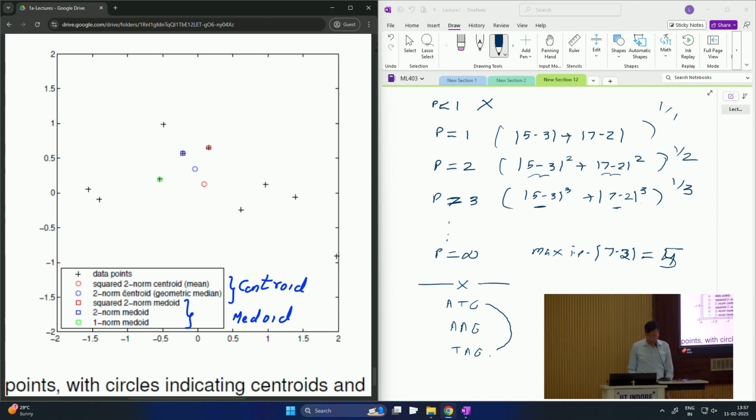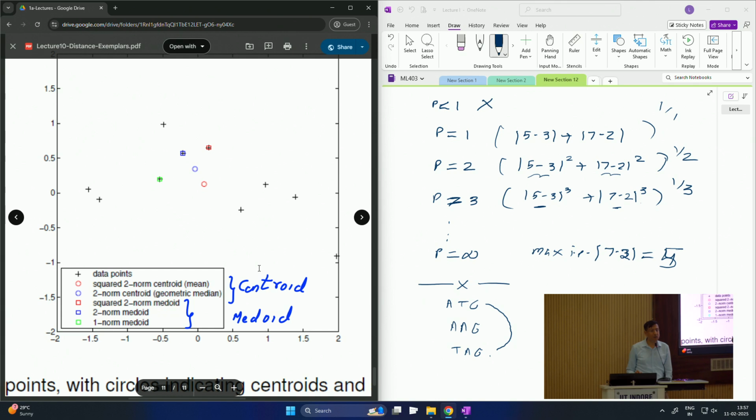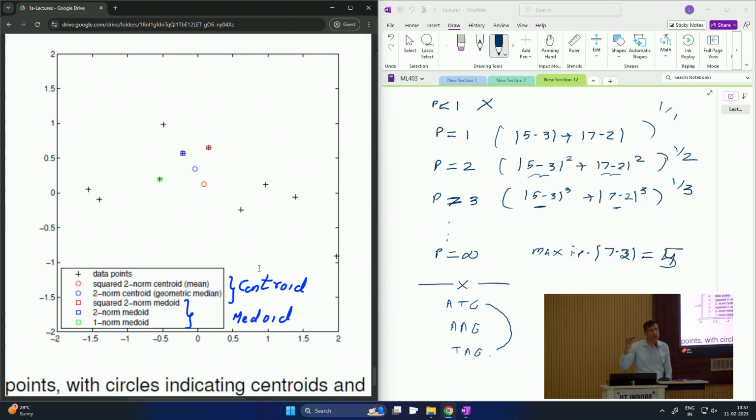Then it's saying find the 2 norm without the square, which is the geometric median. When you do that, it turns out to be this. This is a 2-dimensional case. It is not the median just above and below, because there are multiple dimensions here. If it was 1-dimensional, then it would just be the median value. Then it says find the squared 2 norm medoid.